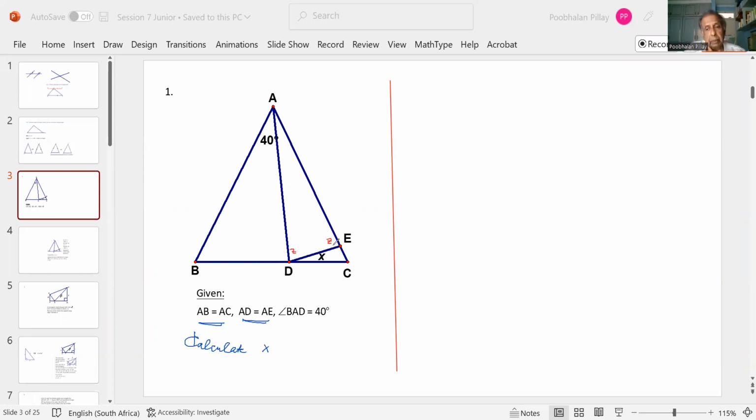Those two angles are equal. Okay. All right. And then we also have that AB is equal to AC. So the large triangle is isosceles. But we don't know the sizes of B and C.